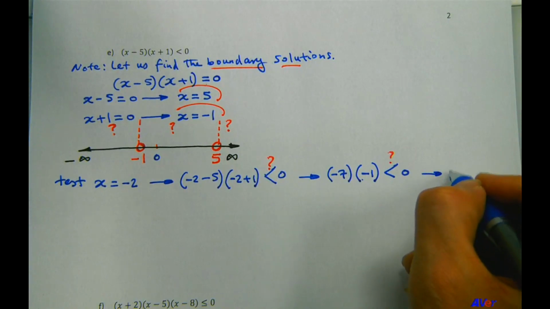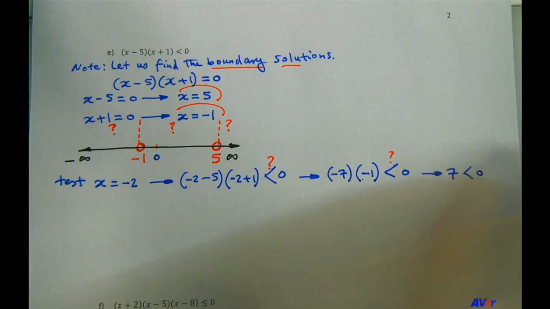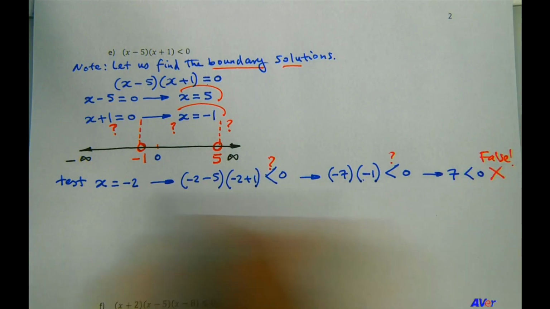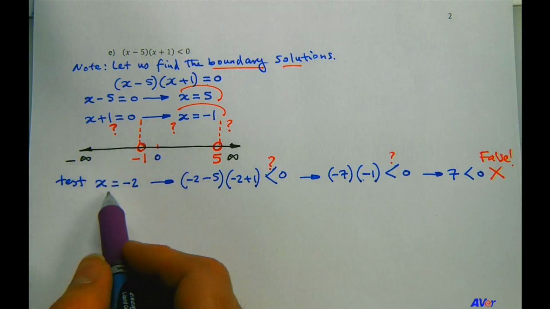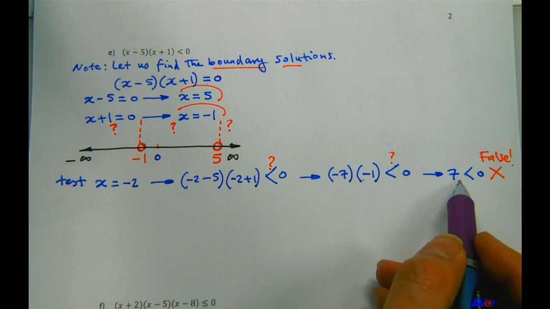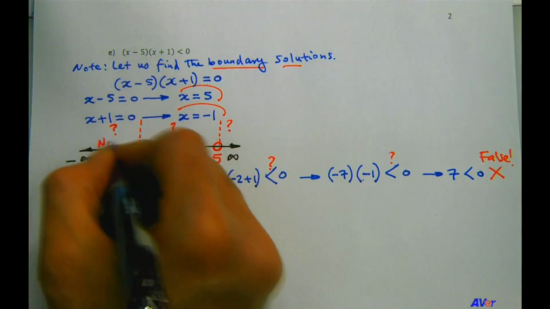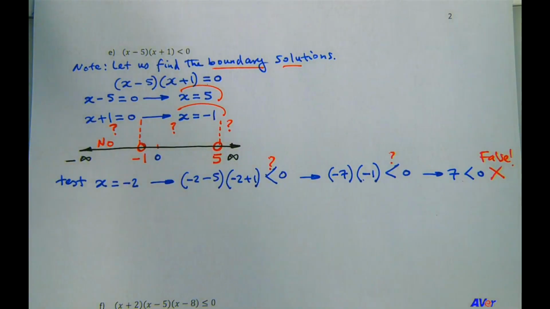If I write +7 less than 0, you right away know that this is false, right? We picked a test number -2. It led to a false conclusion. 7 is not less than 0. So we say no. That region cannot be part of the solution.